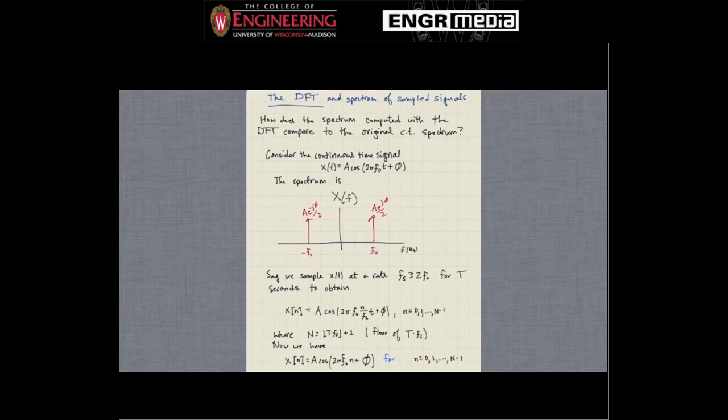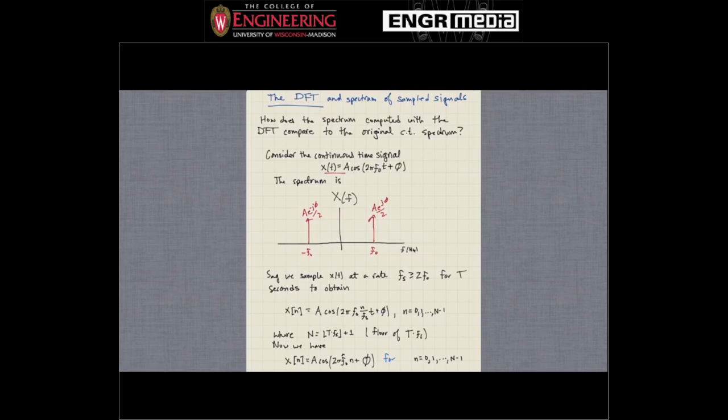Okay, so like I said, the question we're trying to answer is, how does the spectrum computed with the DFT compare back to the original continuous time signal? To study this, we're just going to consider our favorite continuous time signal, x of t equals some amplitude A times cosine 2 pi f naught t plus some phase phi.